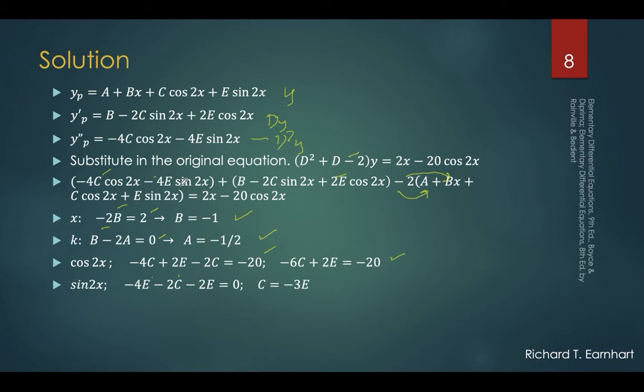And then for the sine function, you have negative 4e here, negative 2c, negative 2 times e. Okay? On the right-hand side, we don't have sine, so therefore the coefficient is 0. And that gives you c equals negative 3e. Substitute here. From the previous equation, we get the value of e, which is negative 1, and c is 3.